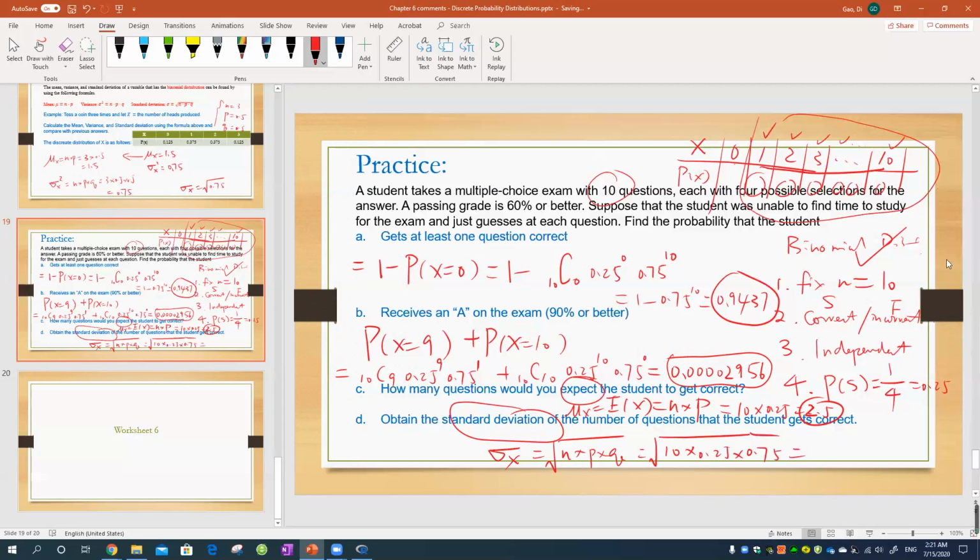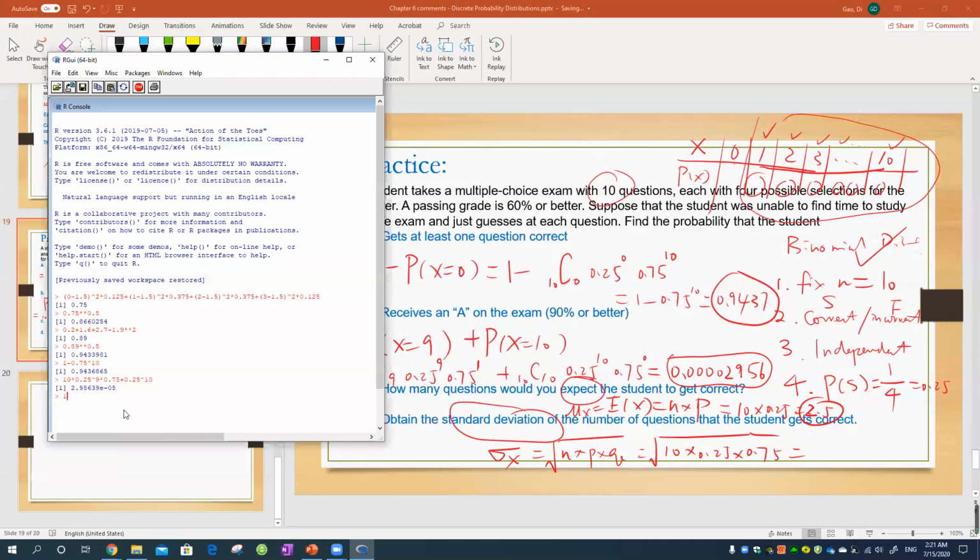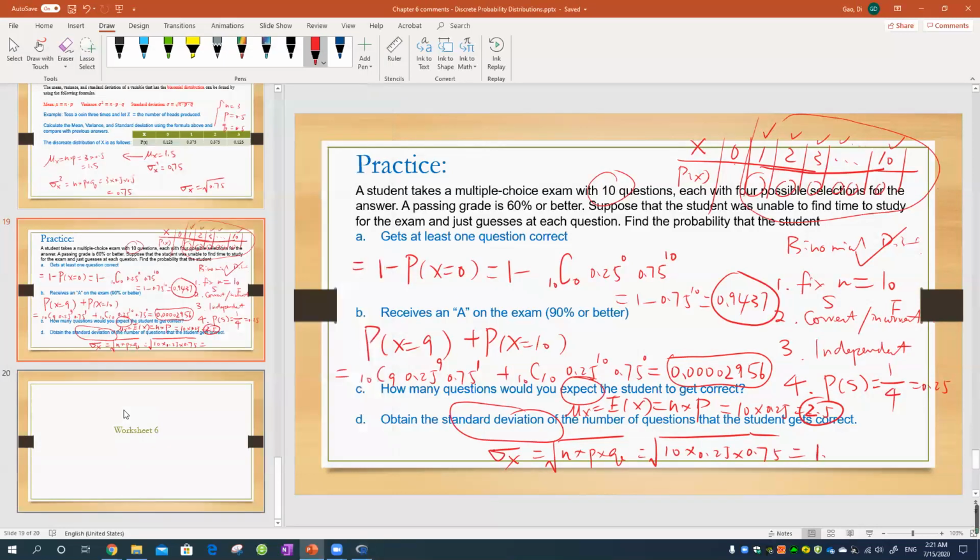So let's see what it is. That is 1.369. That is the standard deviation.